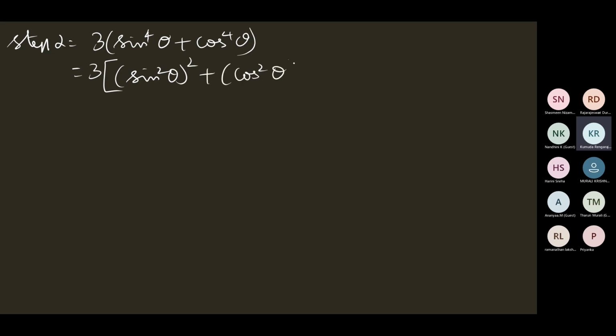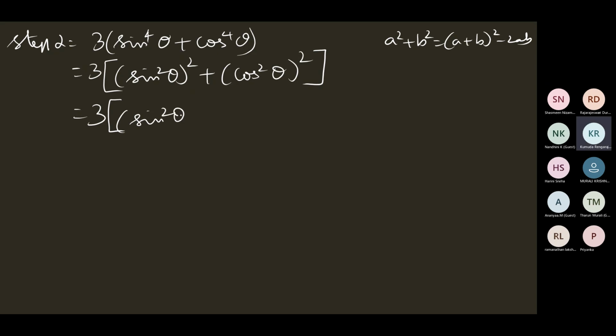Again the same identity, a squared plus b squared is equal to a plus b, the whole square, minus 2ab. So a plus b, the whole square, where a is sine squared theta and b is cos squared theta, minus 2 into sine square theta cos square theta.